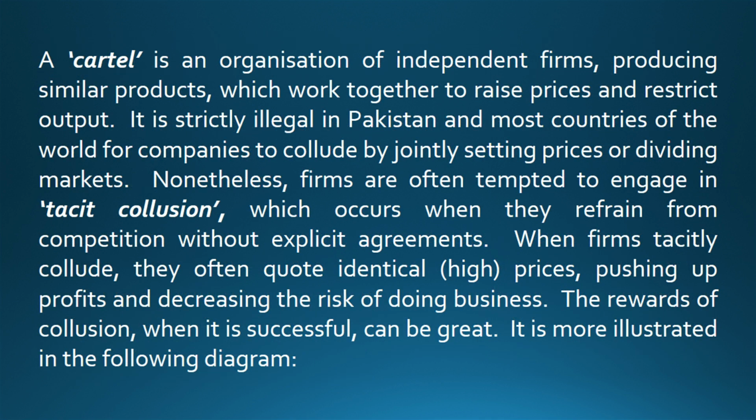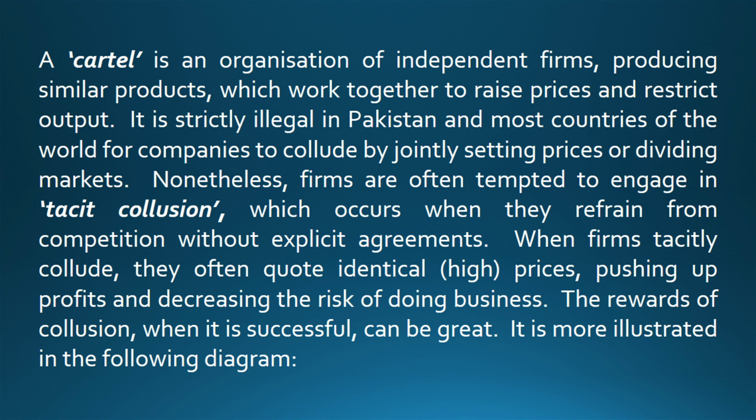A cartel is an organization of independent firms, producing similar products, which work together to raise prices and restrict output. It is strictly illegal in Pakistan and most countries of the world for companies to collude by jointly setting prices or dividing markets.